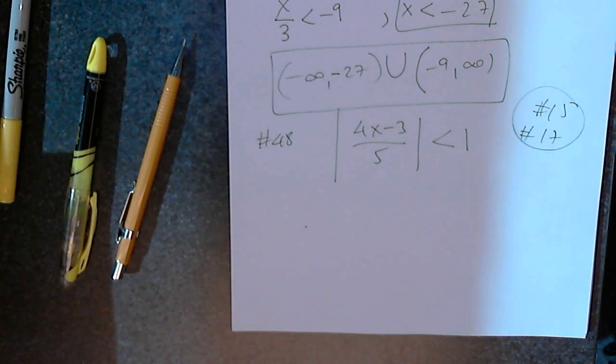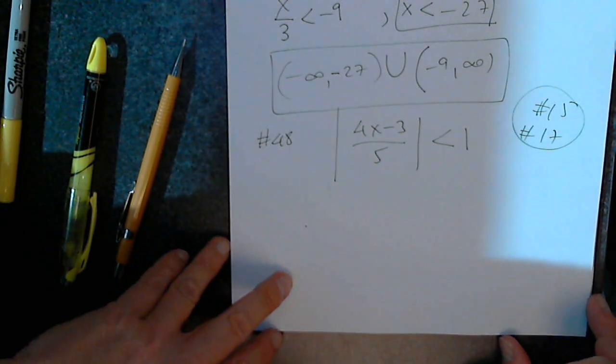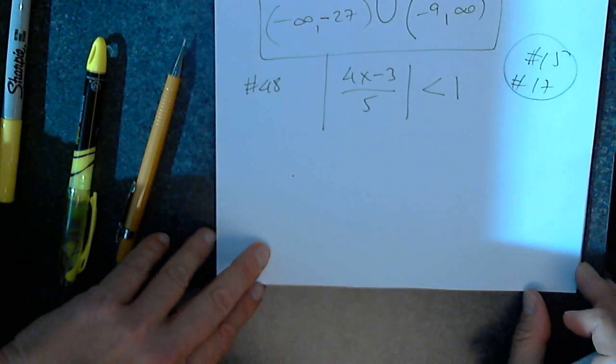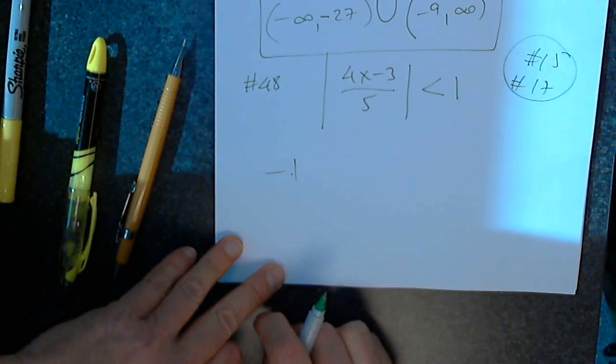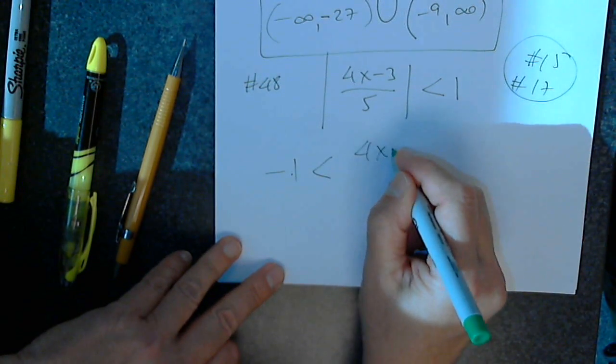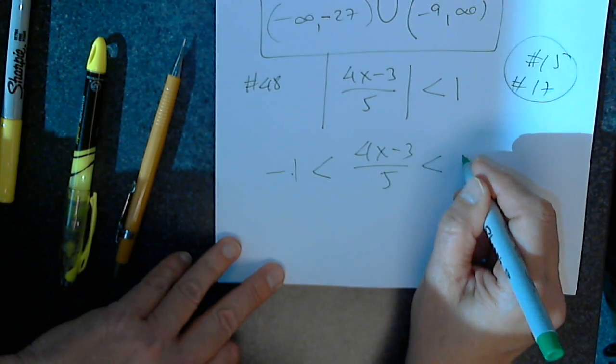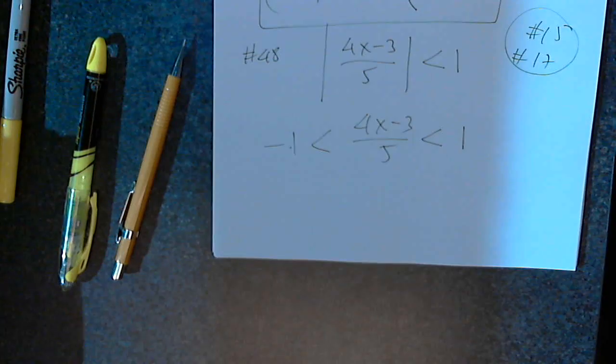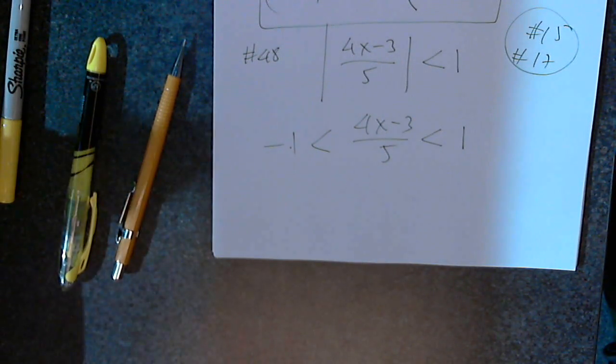Can anyone tell us how to start this? Negative 1 less than 4x minus 3 over 5 less than 1. Yes. So this inequality, first of all, is cleaned up. I don't have to do anything to the exterior of it.